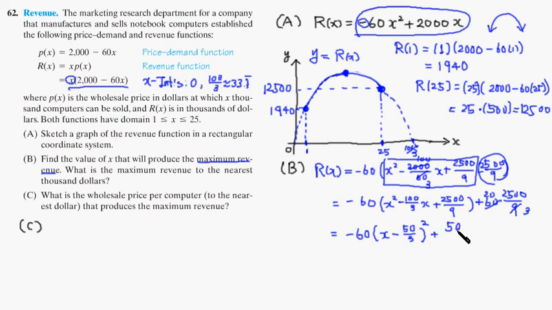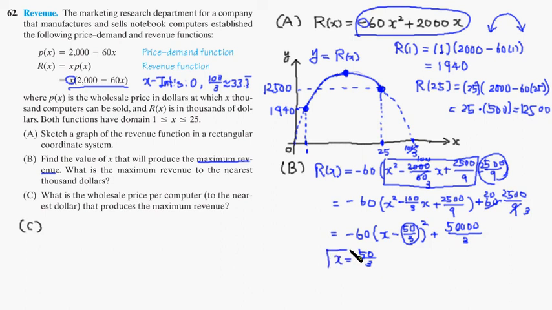So plus 50,000 over 3. So that's in vertex form. The x value that will maximize the revenue would be sitting right here, 50 over 3. So the answer to that: x is going to be 50 over 3.